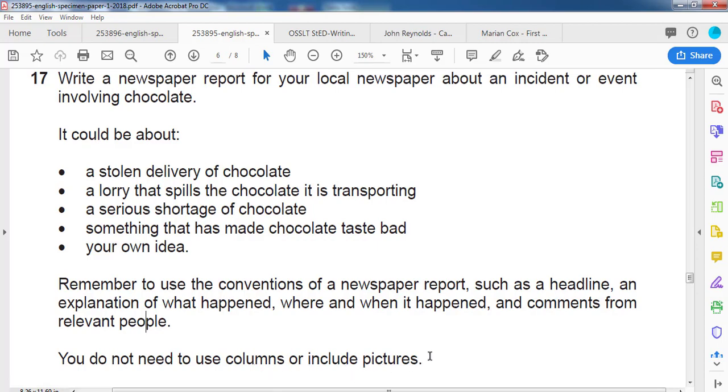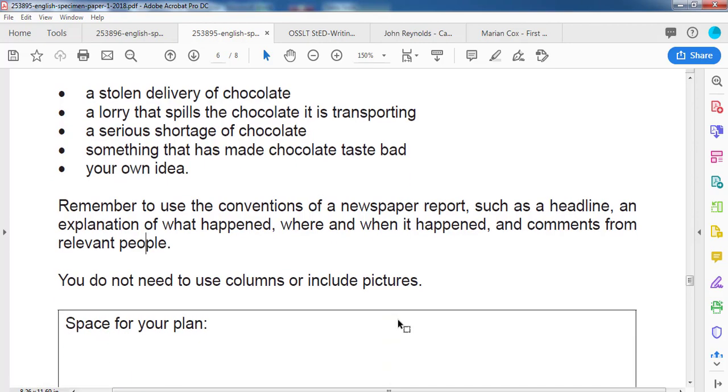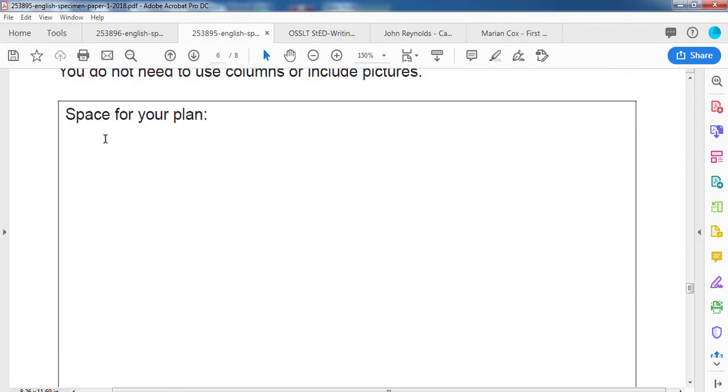And you don't need to use columns or include pictures, because usually newspaper reports are written in columns. In the paper exam, no need to do this, and no need for illustrations or pictures, as in a real newspaper report.